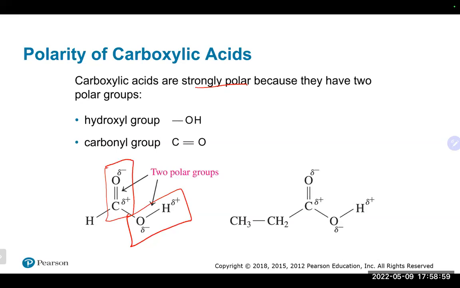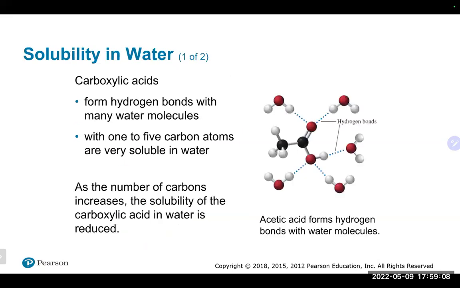Having those 2 groups allows it to hydrogen bond really well with itself, and it's really going to increase those boiling points that we see. It can also hydrogen bond with water at both of those locations, so they are very soluble in water because of that.